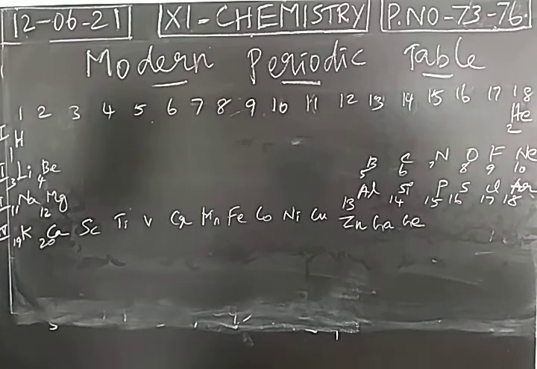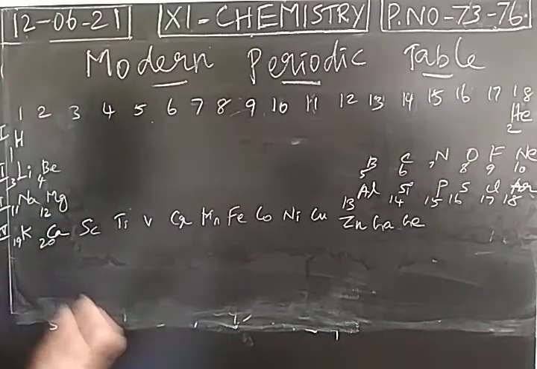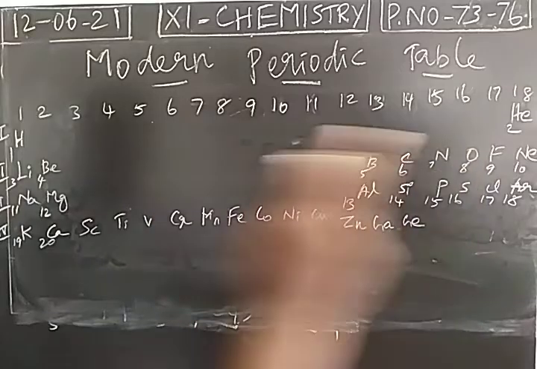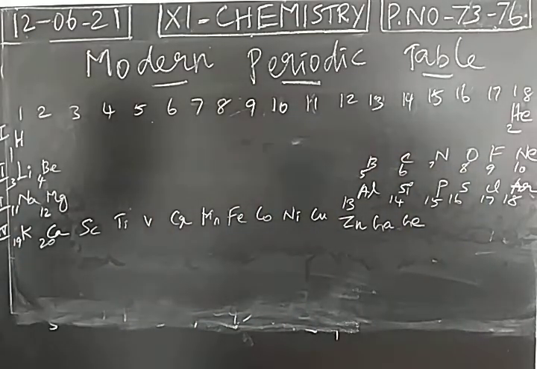So when you take the modern periodic table, 118 elements are placed in the table. Two things we follow: one is increasing order of atomic number, the next one is electronic configuration.